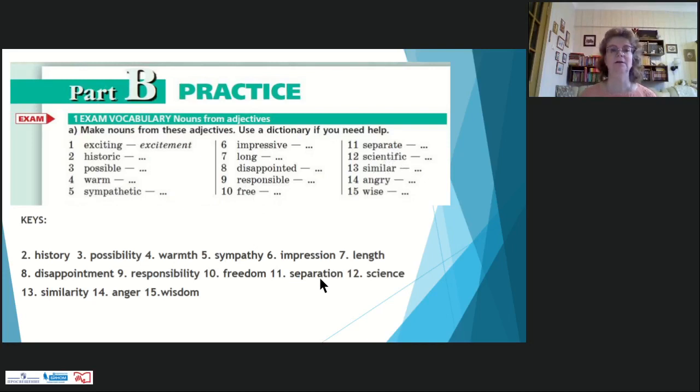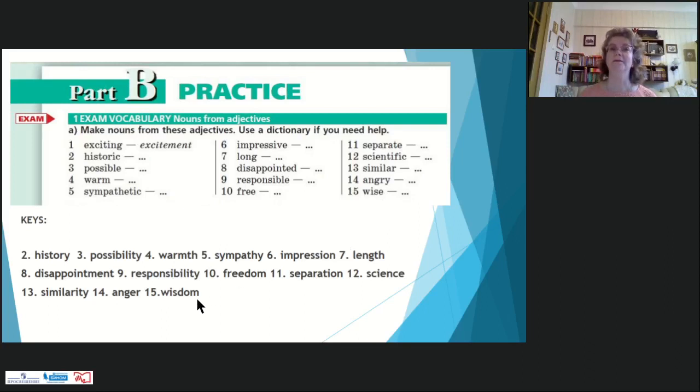Separate, отдельный, раздельный, separation, разделение. Scientific, science. Similarity, similar. Anger is from angry.